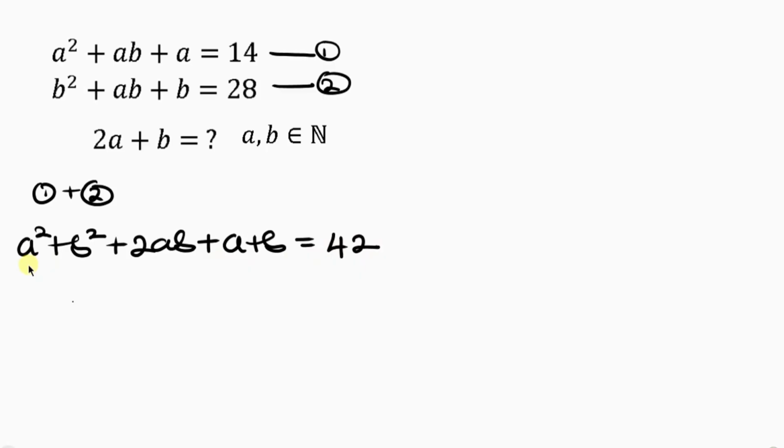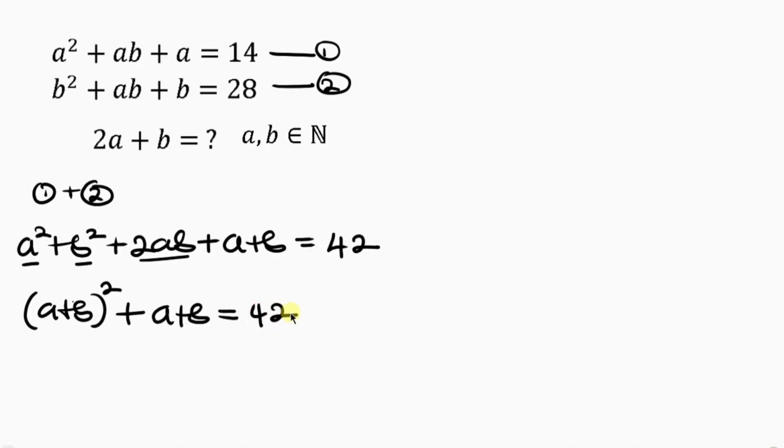Now notice that a squared plus b squared plus 2ab is an identity of a plus b all raised to the power of 2, plus a plus b, and this is equal to 42. Now I have a plus b here, and I also have a plus b here.